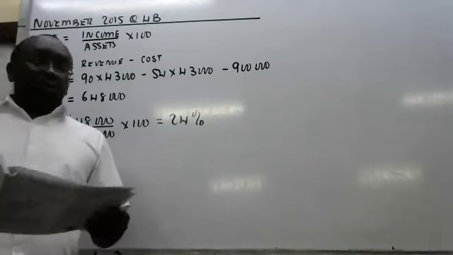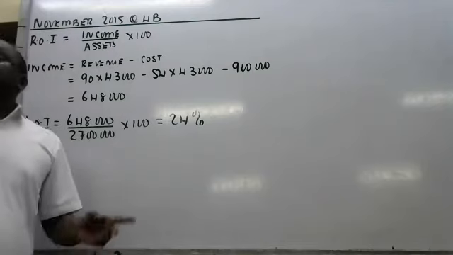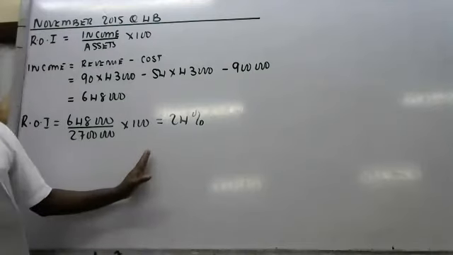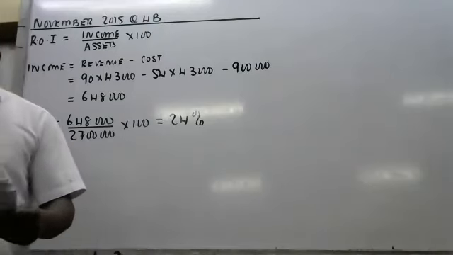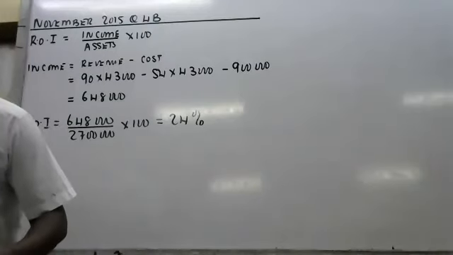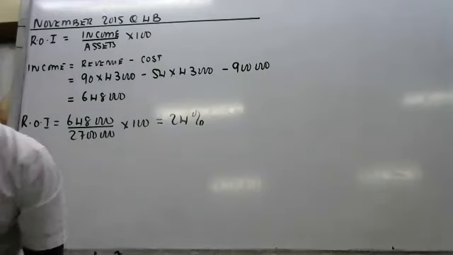So we already have answered number 2. Without the special order, the return on investment is higher. Then let's now get to know the number of units without the special order.